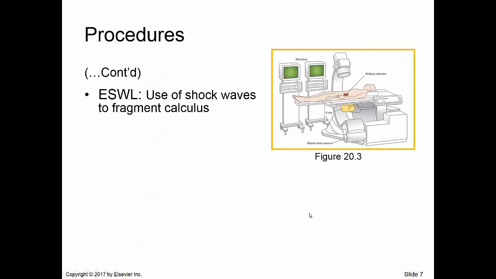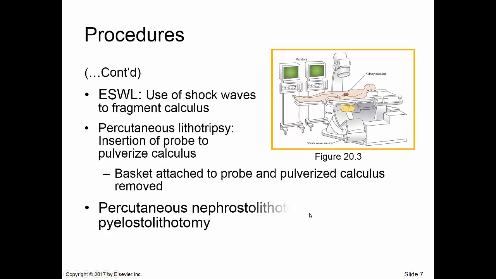And then some of the procedures going forward, some of the ways that we get rid of those stones, those calculi, we use ESWL. It's the use of shock waves to fragment the calculus. You have your patient on a waterbed sort of looking thing. It has liquid underneath the patient, and then the shock waves go through the patient, through the kidney calculi, and break those all up.